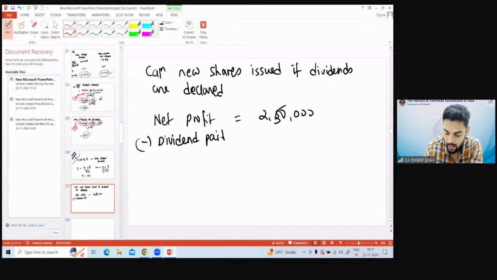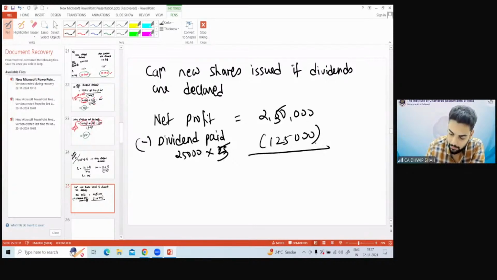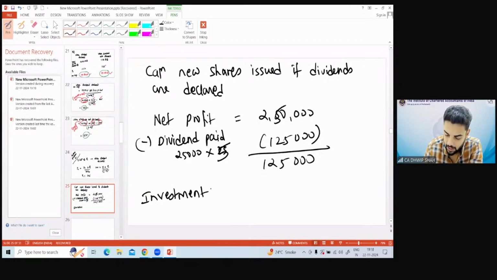Dividend paid would be 25,000, the number of shares, multiplied by 5. Dividend per share is just 5. So 125,000 I will pay off the profit. So balance amount available for investment would be 125,000.